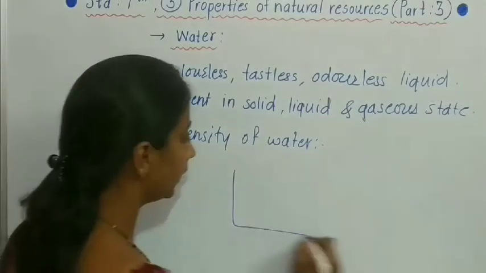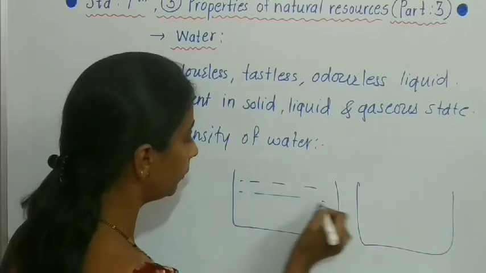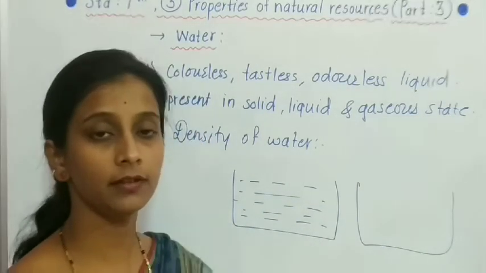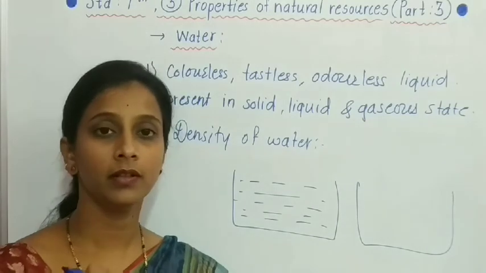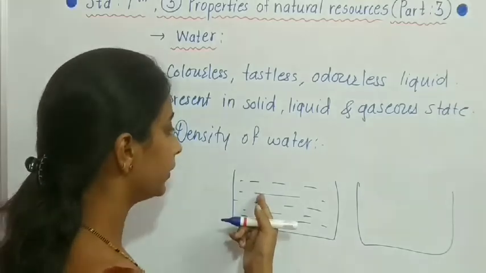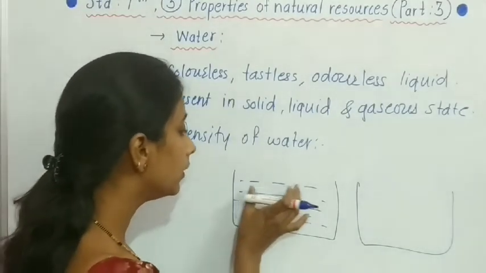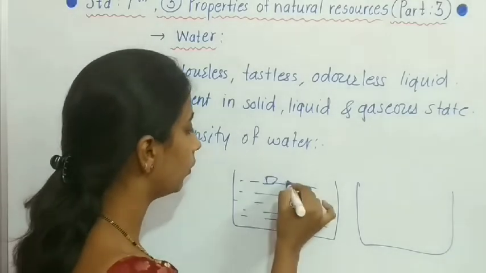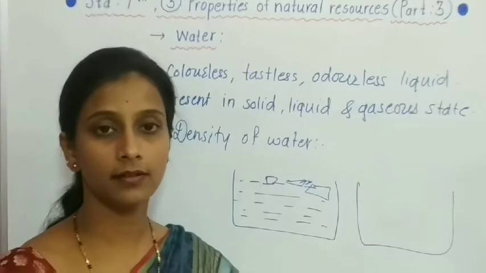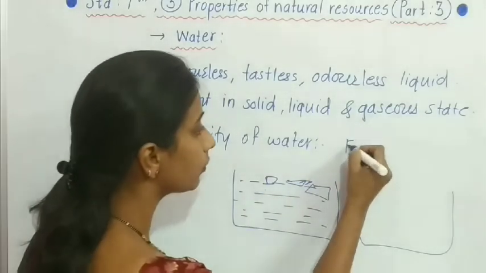If we take a tub and pour water in it, and we put some small objects in that tub, like a sharpener, scale, pencil, then what we observe is that these things float on the water.